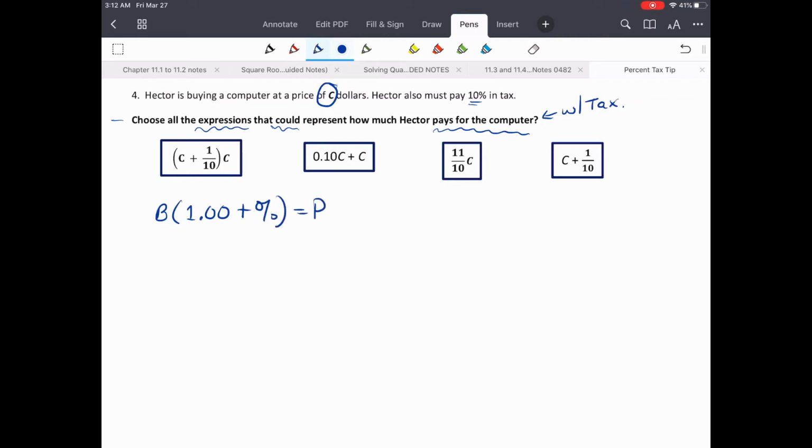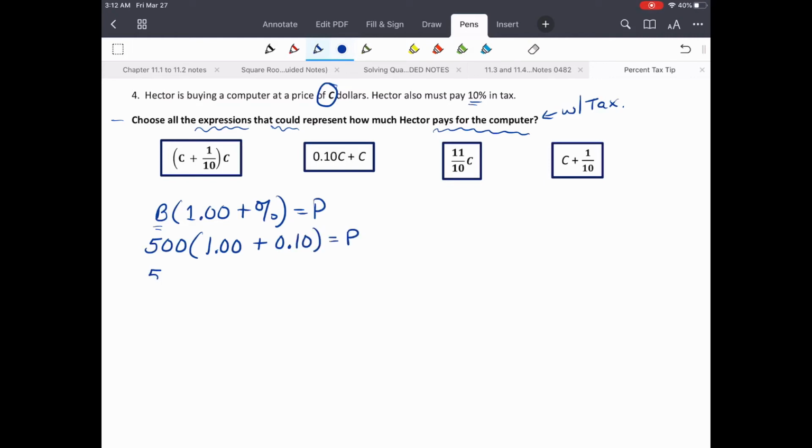In this particular problem, we're not sure what the base is, and like I said, it doesn't matter. Let's say the base was $500. Let's say the computer costs $500, and so we're just going to put that made up number in there. Now the percent is 10%, so I'm going to do 0.1. And then let's just solve it.